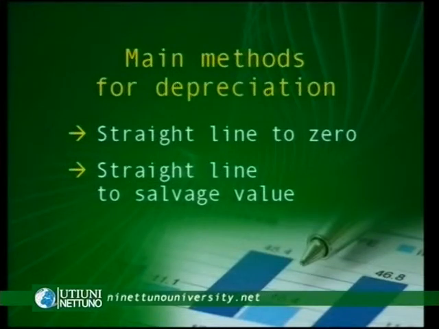The straight line to salvage value is basically equal to the previous method, but it's different because the final value of the asset is not set to 0, but is set to some salvage value. So this means that you are depreciating always the same cost, but you're assuming that the final value of the asset at the end of its life is not 0, but is higher than 0 because you expect to sell this asset at a price at the end of its life.